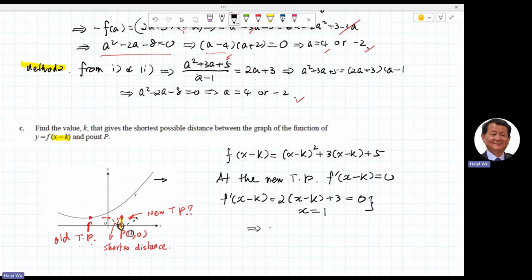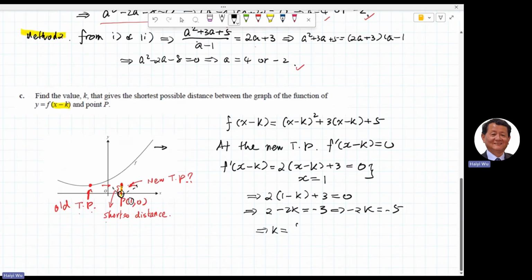So we substitute into 2(1 minus k) plus 3 equals 0. So therefore 2 minus 2k equals negative 3, so negative 2k equals negative 5. So therefore, k must be positive 5 over 2.